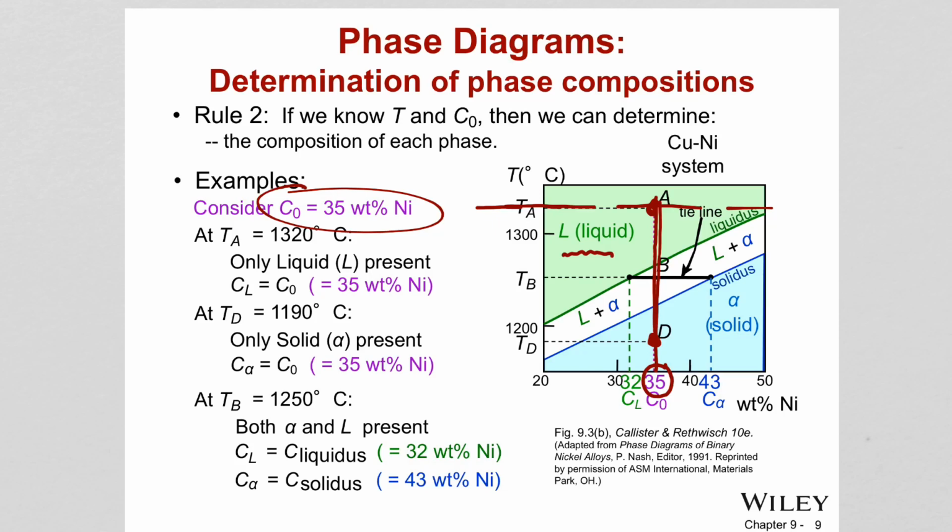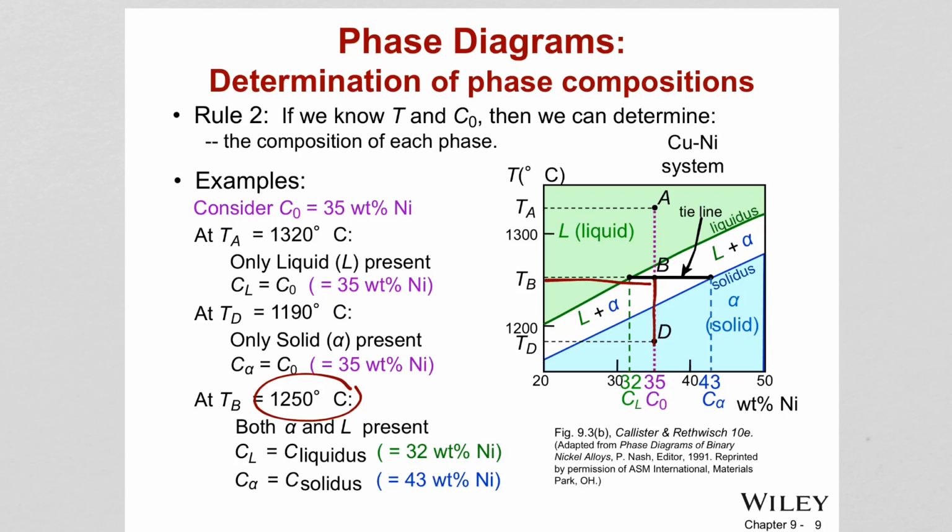Okay. What about if we go to point B? We have the same initial composition, C0. You start with the same composition, and we are given the temperature is 1250, and that puts us at a point where the two phases are in equilibrium, liquid and alpha.